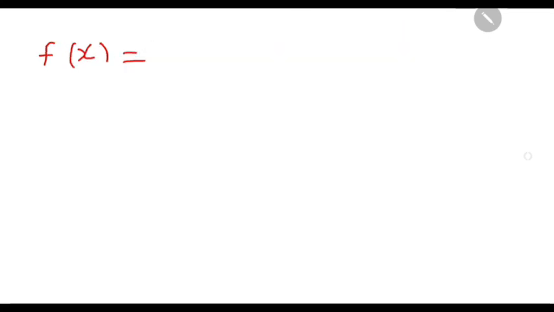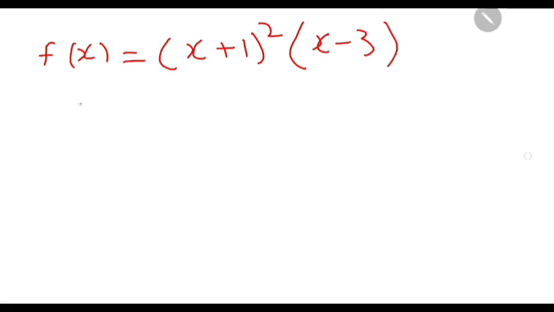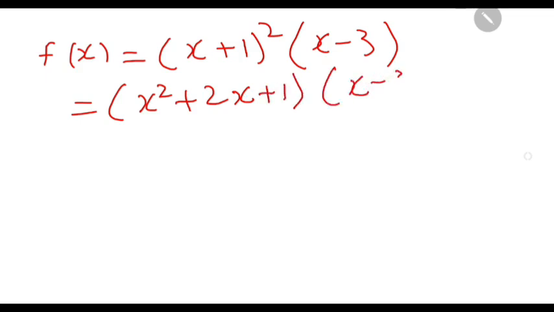So now I'm going to put the value of the x coordinate of m back into the root form. So it's going to be x plus 1 square and we got x multiply x negative 3. Now I'm gonna open up the root form. So this is a perfect square formula. I open up is x square plus 2x plus 1 multiply x negative 3.